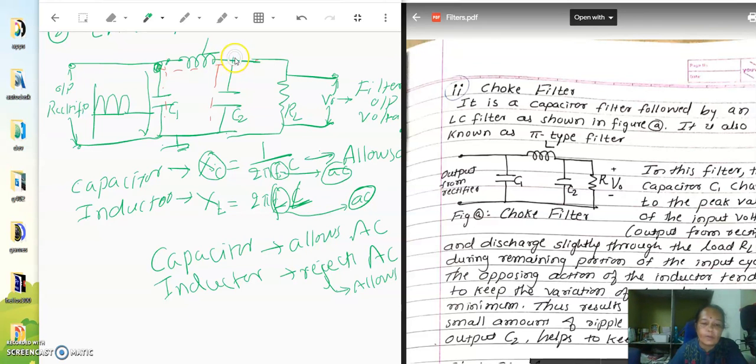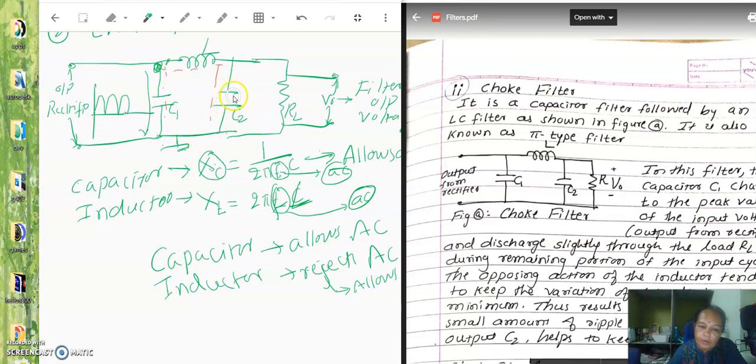Most of the DC component is available at this point, and whatever AC is present at this point also is allowed through C2 to the ground. So most of the DC component is made available at this point, and that is got at the output across RL. So we are going to take the inductive reactance and capacitive reactance and combine them in this fashion.